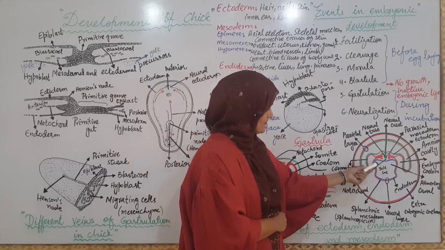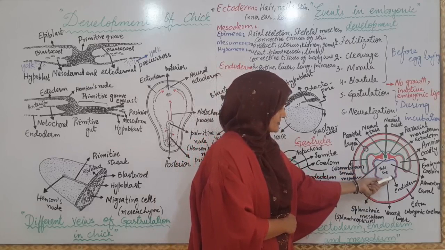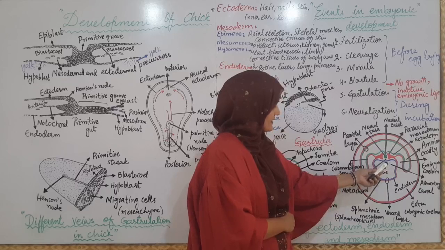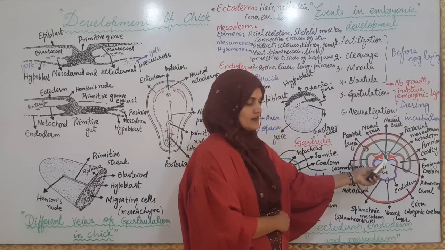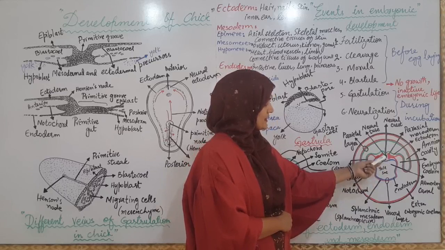Here is a yolk sac that is attached with the endoderm, and this yolk sac is attached with the embryo through the stalk, which is termed as yolk stalk, that supplies nutrients to the embryo during development.